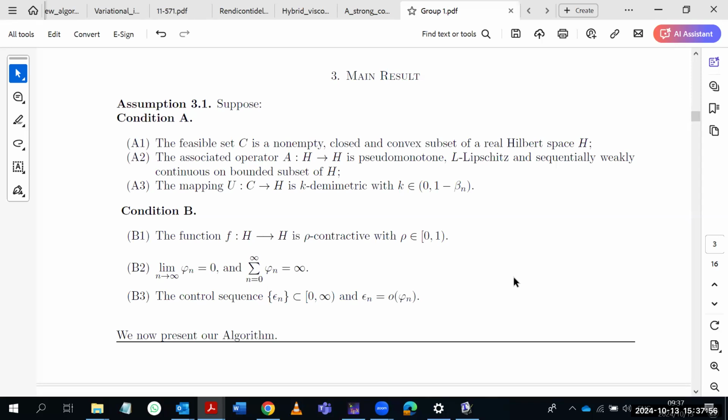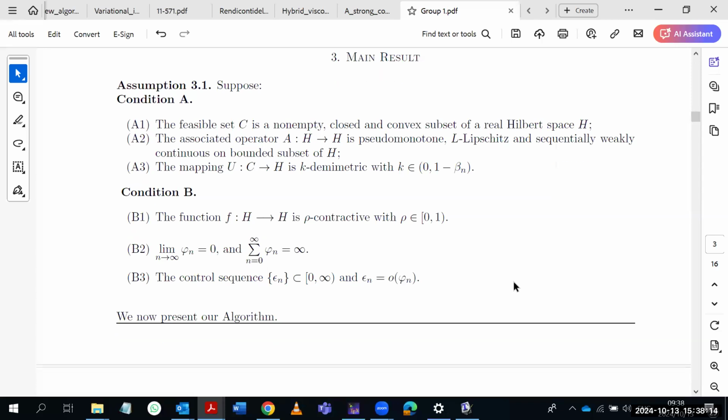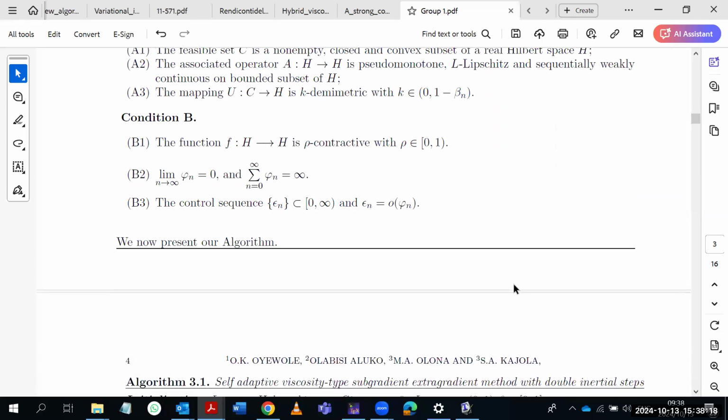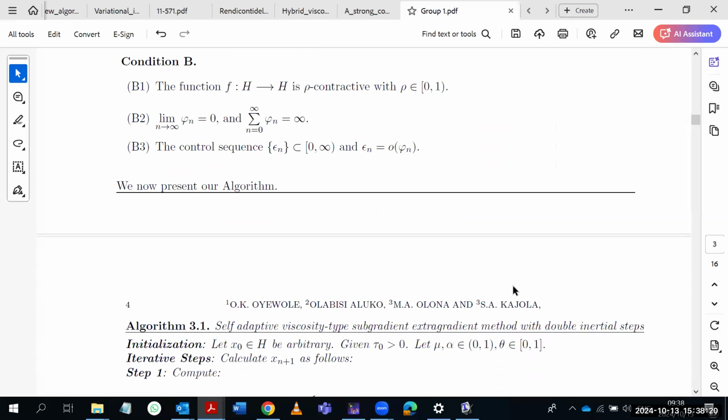And we also have condition B, stated as the function F, defined as F from H to H, is contractive, where rho is an element of 0, 1, and the limit as n tends to infinity. So those are the conditions of our B, as we can all see.